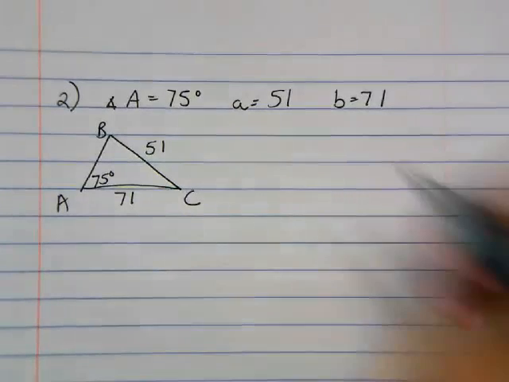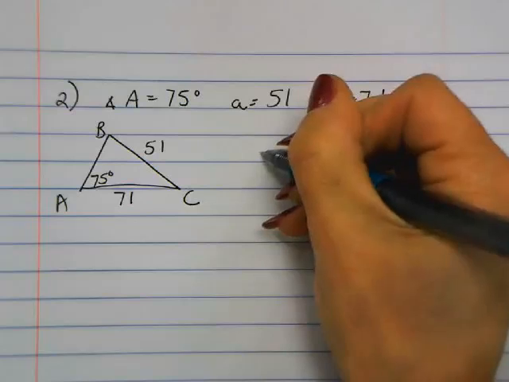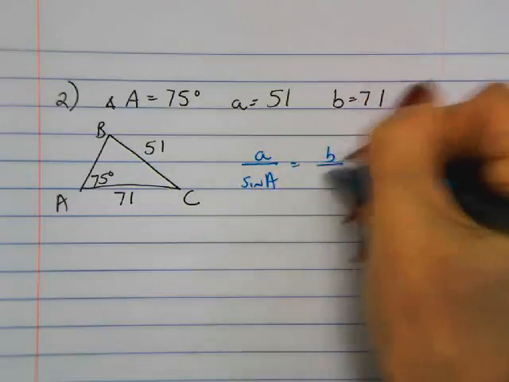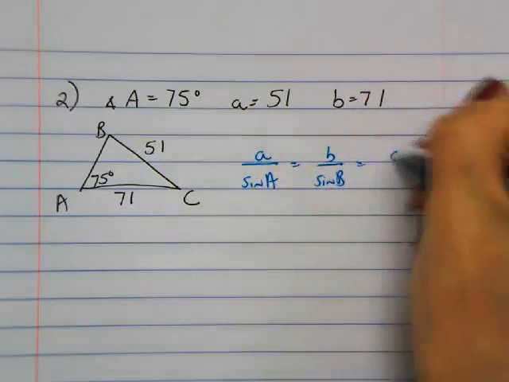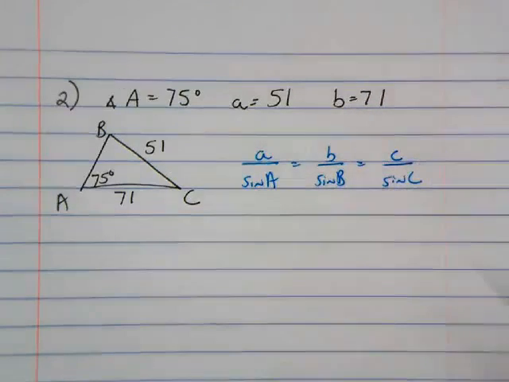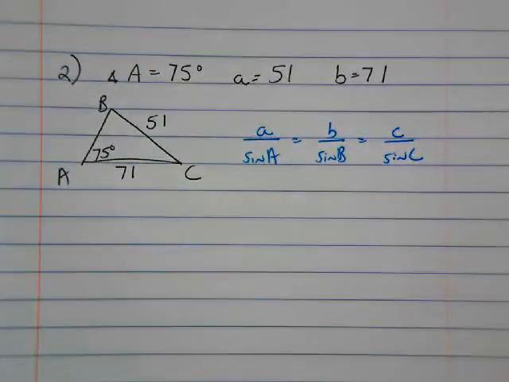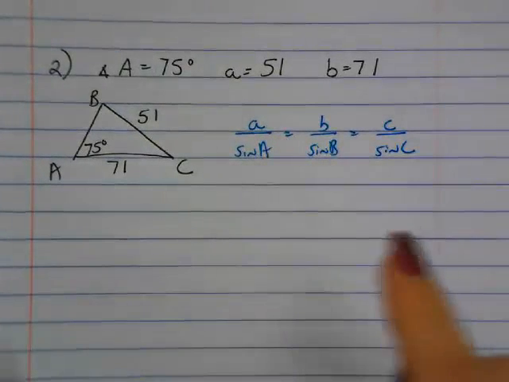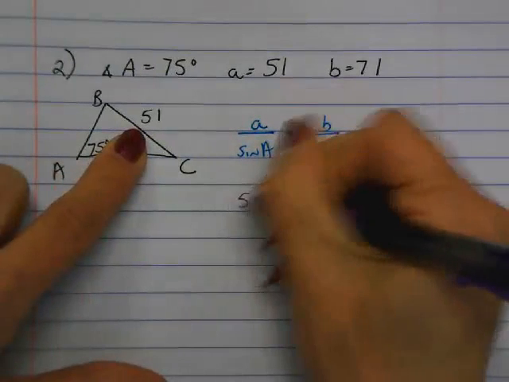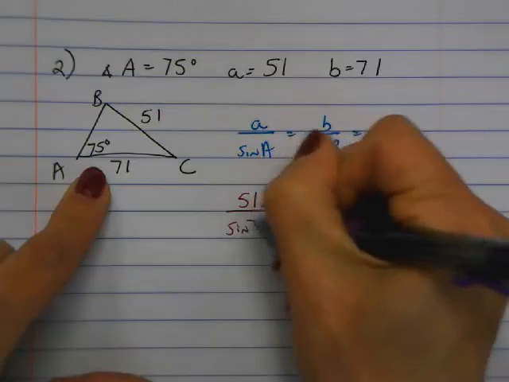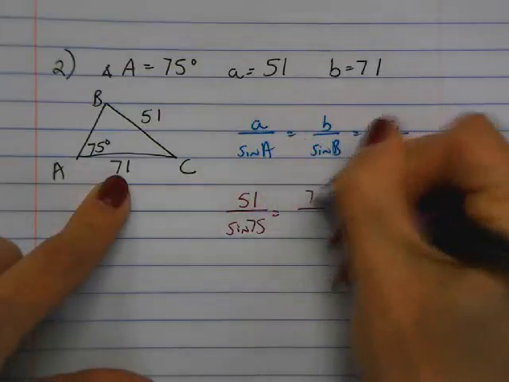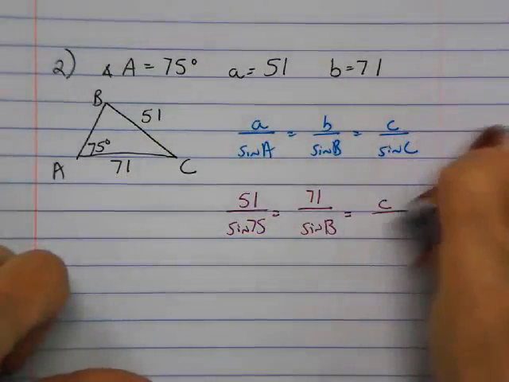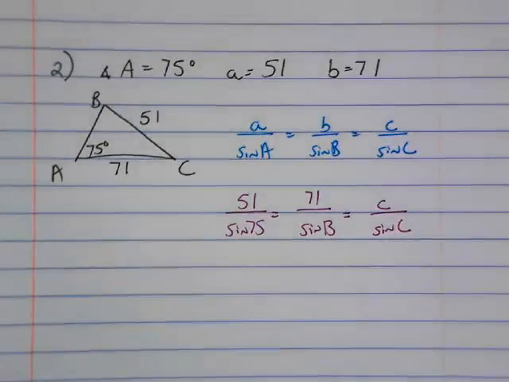Alright, so I know that I'm doing a over the sine of A is equal to b over the sine of B is equal to c over the sine of C. Okay, so a I know is 51 over the sine of 75 equals 71 over the sine of an angle I don't know. And here again, I'm stuck.